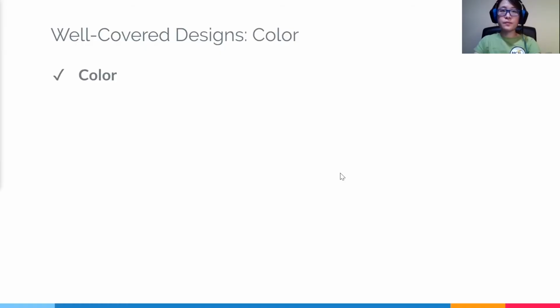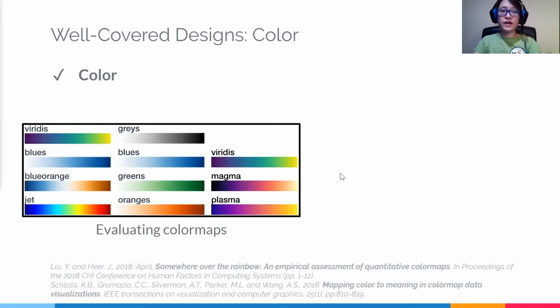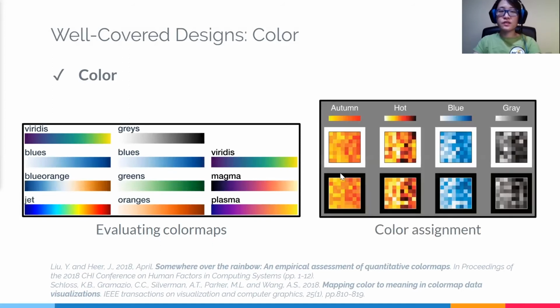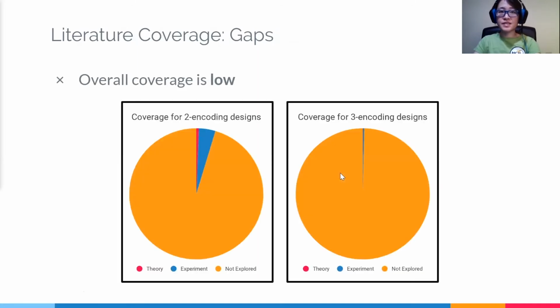For color, papers are more focused on evaluating a couple of different color maps or assigning color in a more meaningful way in data visualization designs. So in summary, the overall coverage is low. As we can see from the pie chart, both theory and experiment cover very few multi-encoding visualization designs.